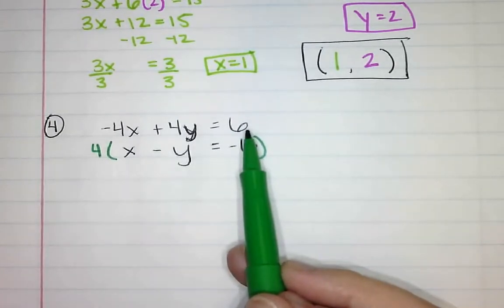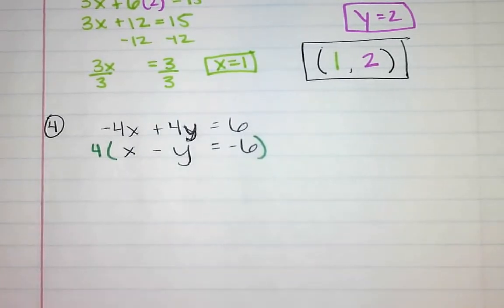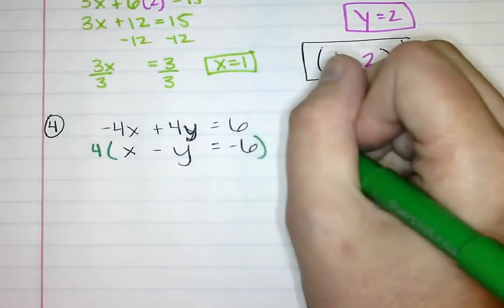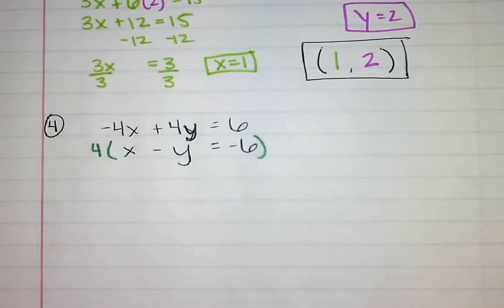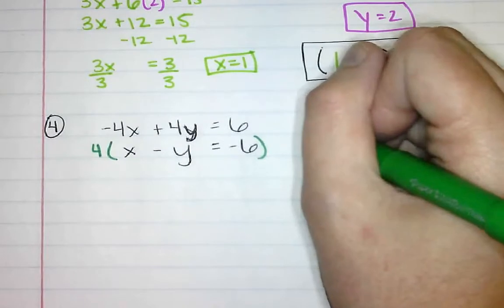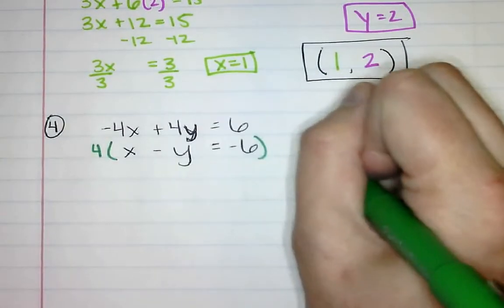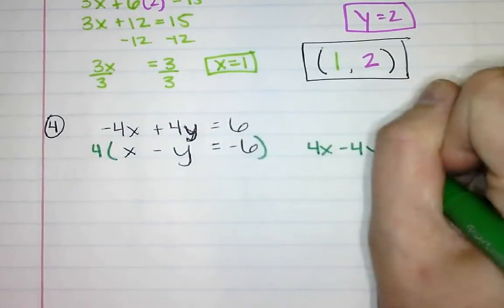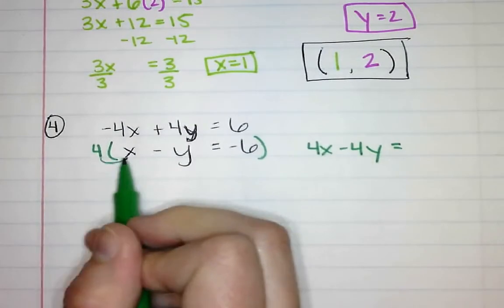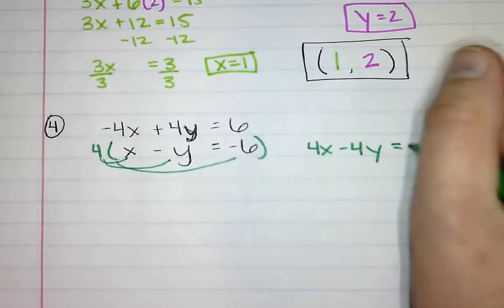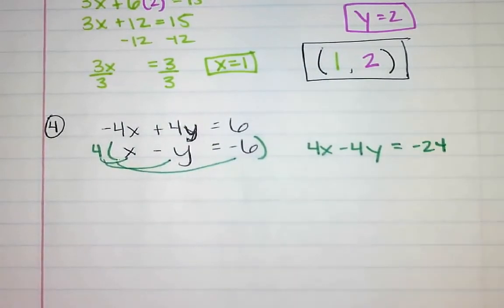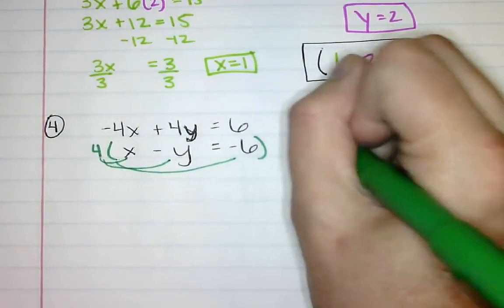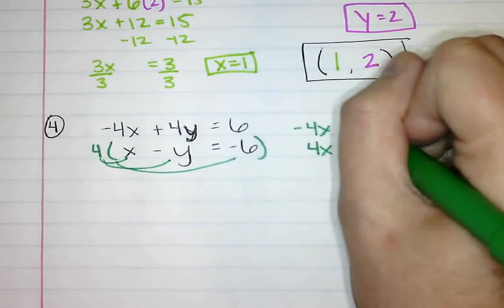But there's really not just one right way to do this. You could do this a few different ways. So this becomes 4x minus 4y equals negative 24. Don't forget to multiply that last one. And then up top, we have negative 4x plus 4y equals 6. Not negative 6, just 6.